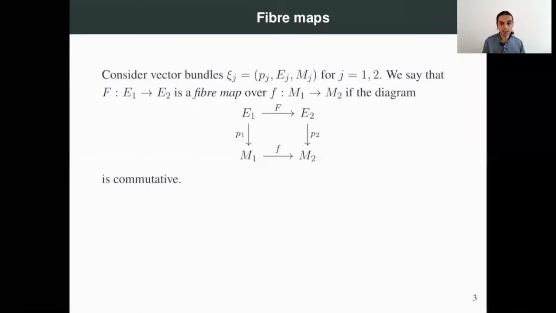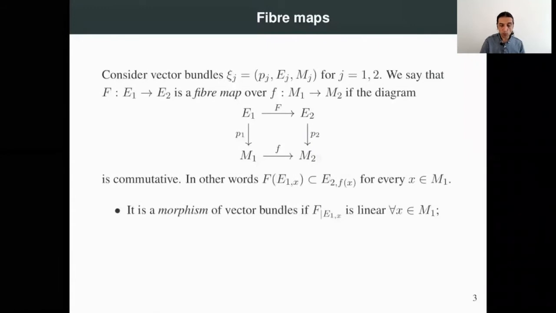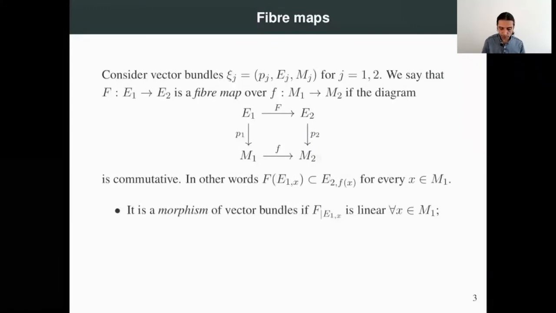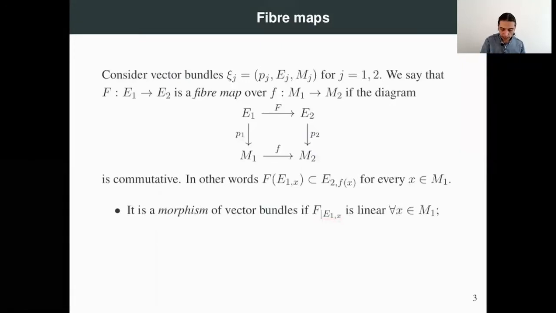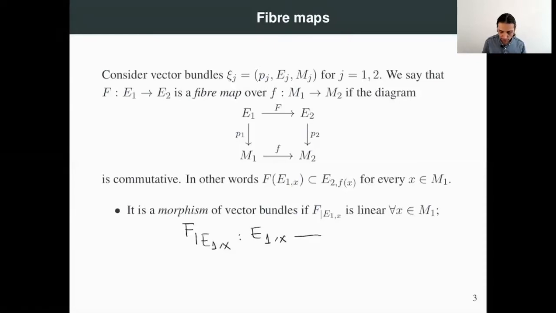Now let us provide some definitions. We say that capital F is a morphism of vector bundles if the restriction of capital F to every fiber is indeed linear. We have to realize that the restriction of F to the fiber for the first vector bundle of X is a map from such a space to the fiber for small f of X of the second vector bundle.